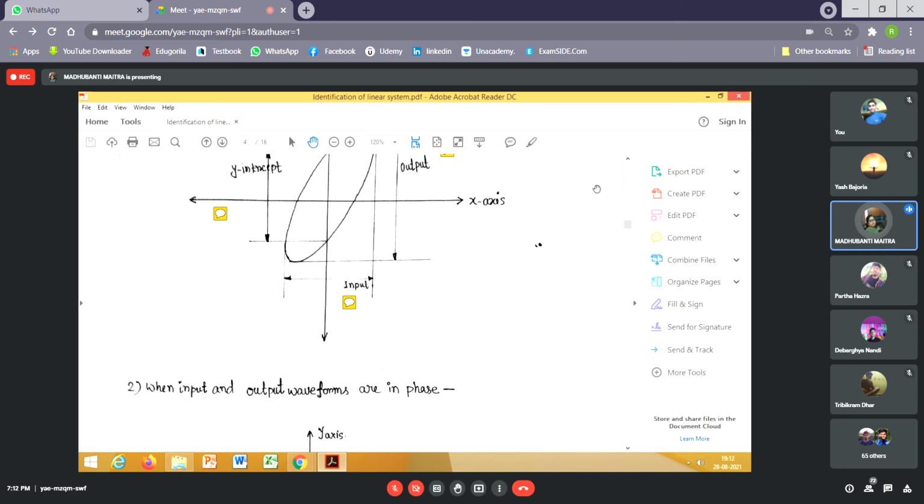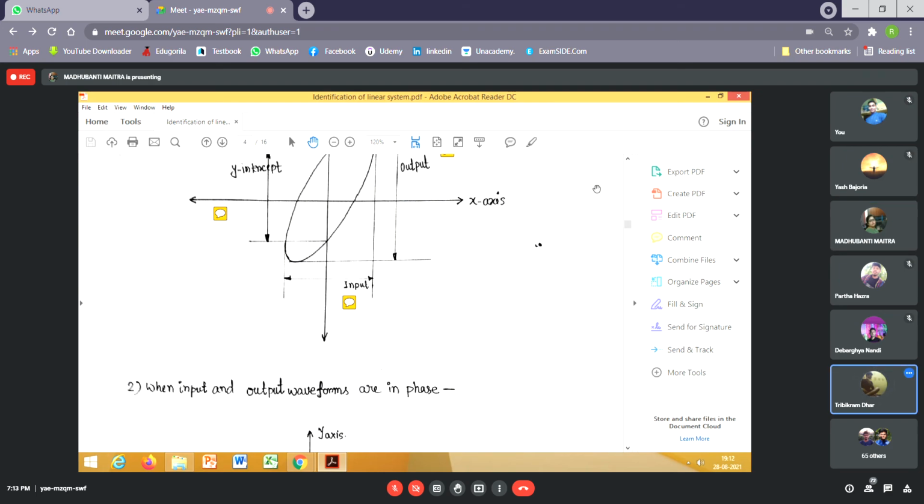For 100K, the value of 2C is 0.6 and the value of 2B is 0.7. Done?